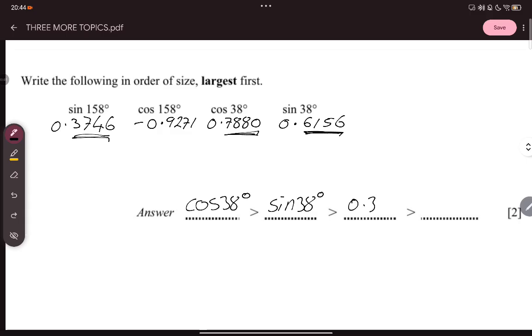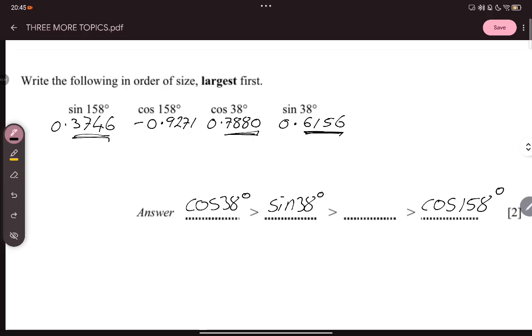Then the sine 158, 0.3746. And then the smallest one must be the negative. If you think about how a number line goes, moving to the left the numbers get smaller, so the negative numbers are always smaller than any positive numbers. So cosine 158 degrees is the smallest. Now, did you notice there that I just made a fatal mistake?